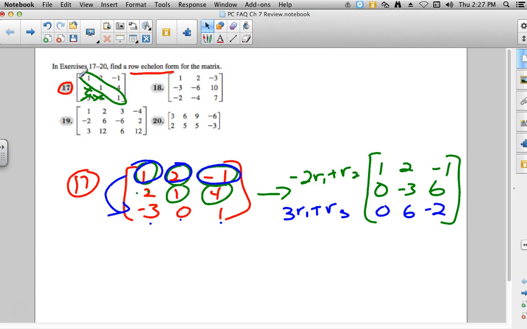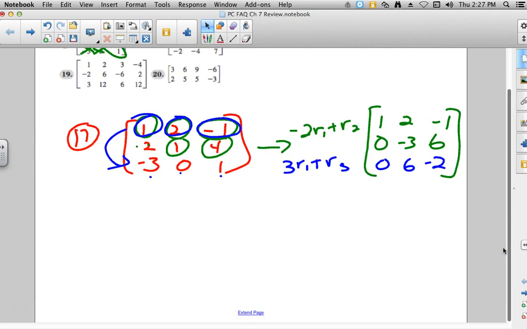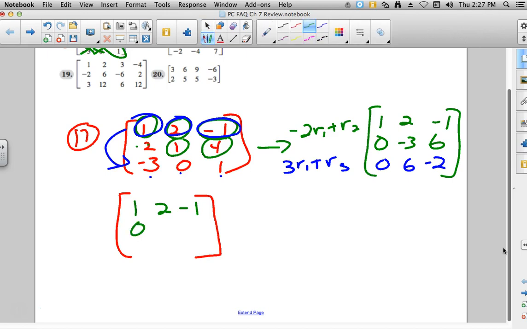And I notice that row 2 could definitely be helpful at getting rid of row 3 for me at that point, at least getting rid of that 6 for me. So I'm going to leave my 1, 2, -1 alone. And I'm going to leave my 0, -3, and 6 alone for just a minute. And what I'm going to do is take 2 times row 2 and add it to row 3.